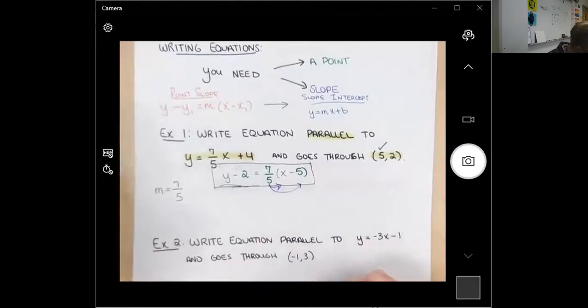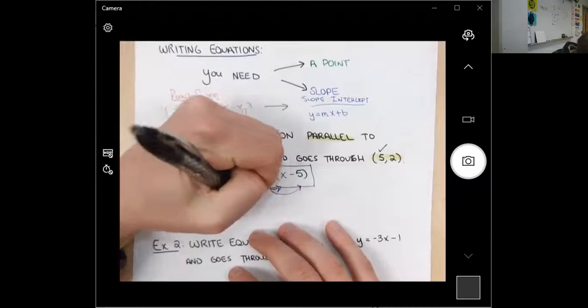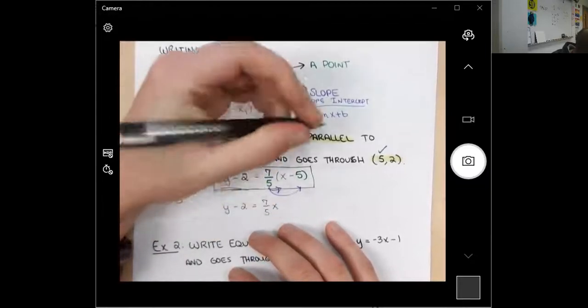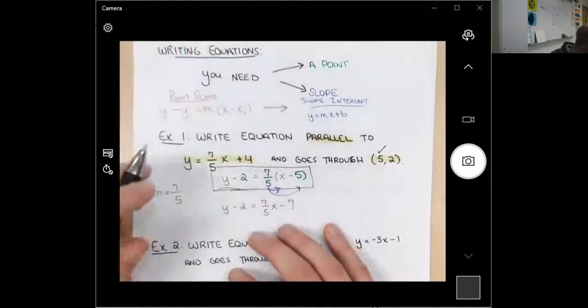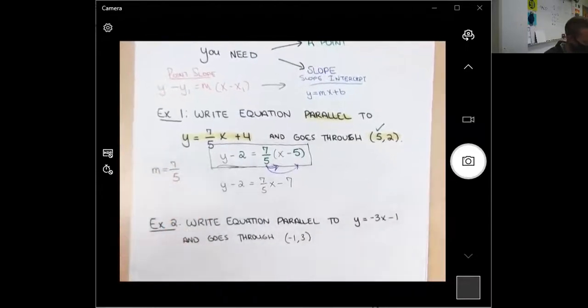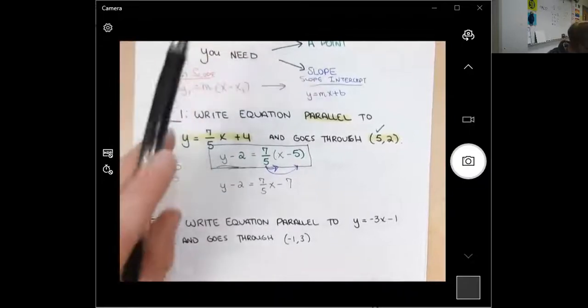So what we'll get is y minus 2 equals 7/5 times x is 7/5 x. And 7/5 times -5 is -7. If you don't know that, you can plug it into a calculator. It'll do it for you. Now, the last thing about y equals mx plus b is y is completely by itself.